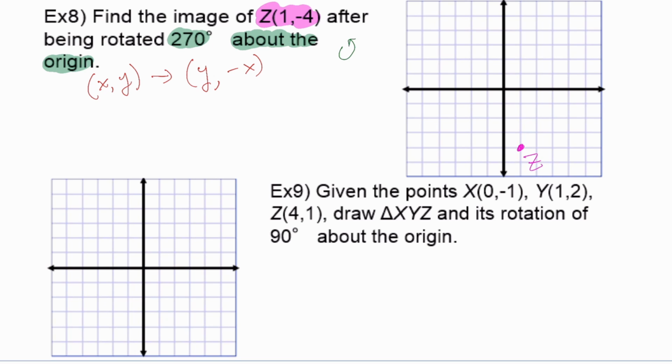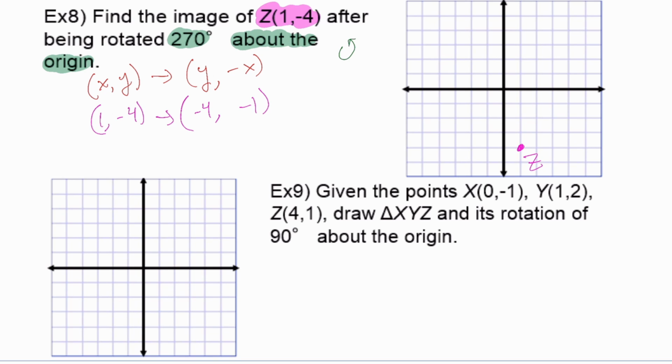So if I look at the point Z, we take 1, negative 4. The change that's going to happen is we are going to take the X value, which is 1, and we're going to move it to the Y position, but it's going to be opposite, so that's going to be negative 1 here. Y value doesn't change its sign, it stays negative in this case, but it's going to move to the X position, so it's going to be negative 4, comma, negative 1.